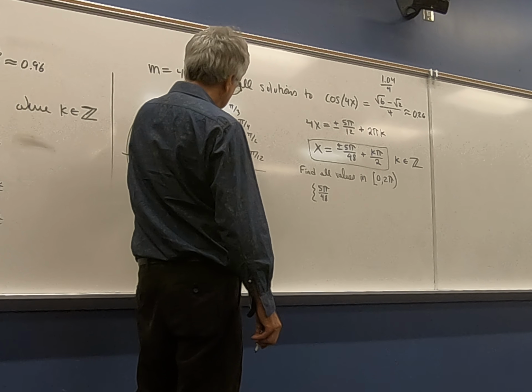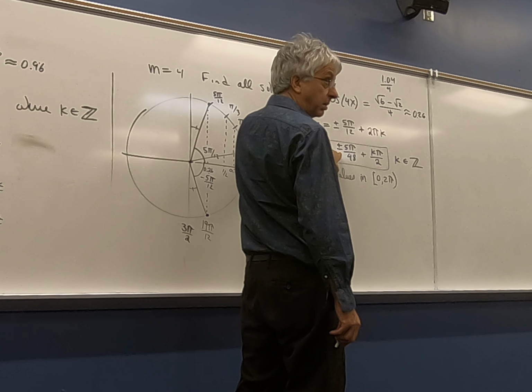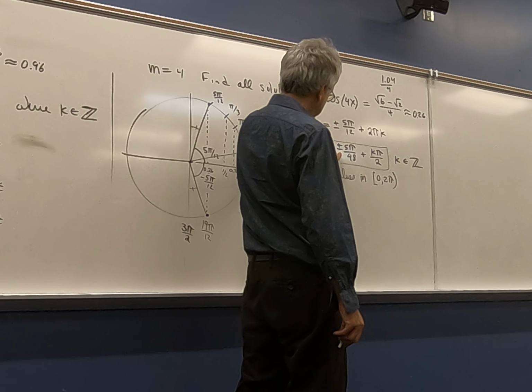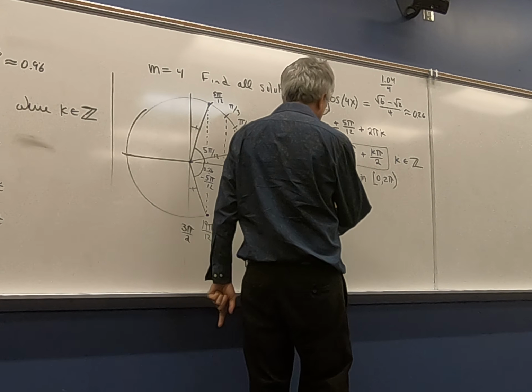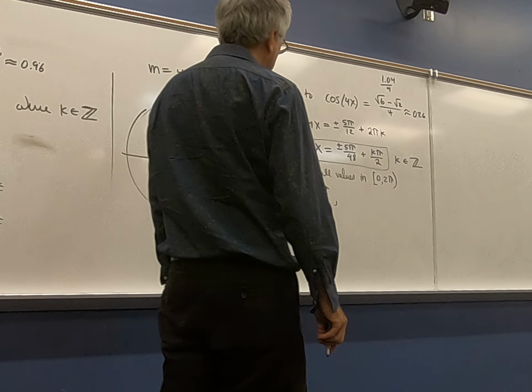Well, if I apply the negative here, I'm not going to get a number between, so this is k equals 0 here, right? But I only get one positive result, k equals 0. How about k equals 1? K equals 1, then I'm going to add common denominator, huh?